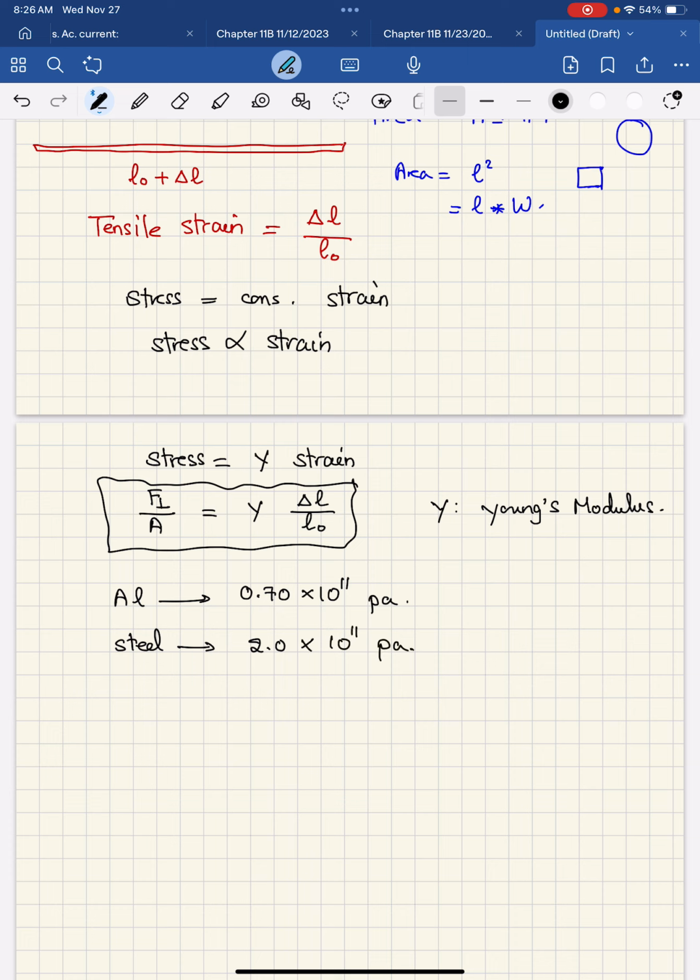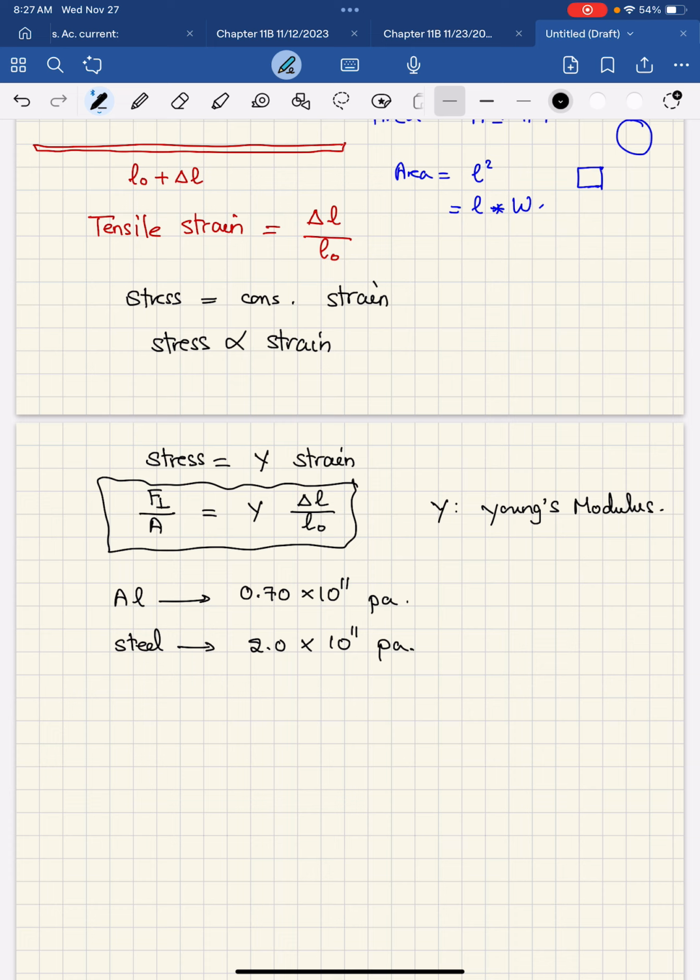All right, this is some of the information that can be provided. Of course, we treat compression the same way that we treat tension.